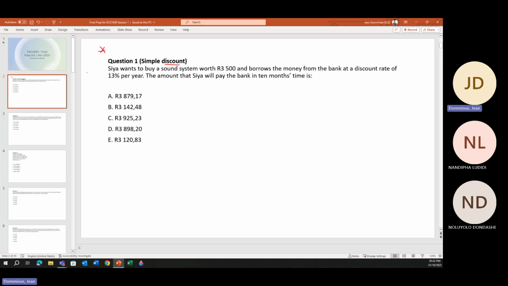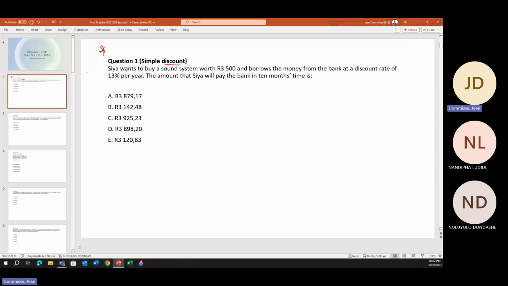And one of them is something on simple discount. So you will definitely get a question on simple discount. It might be one where you need to calculate your interest, or it might be one like this where we need to work out a payment. It might be a future value, or it might be the present value.